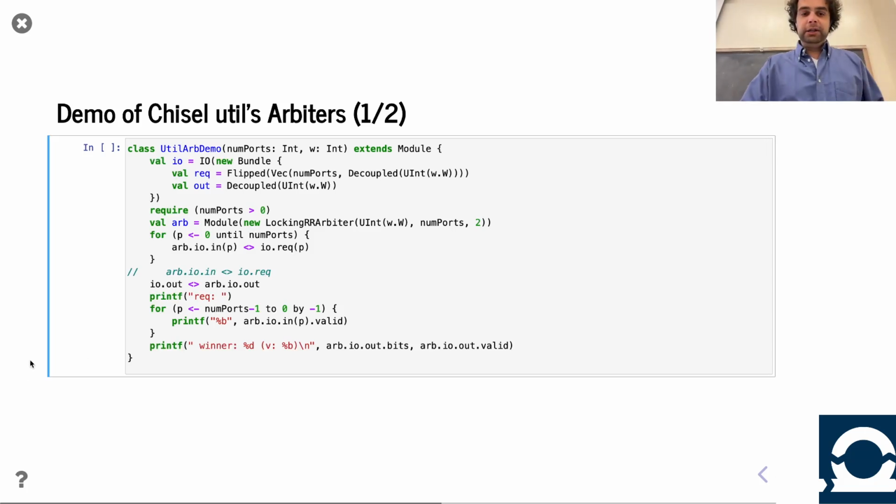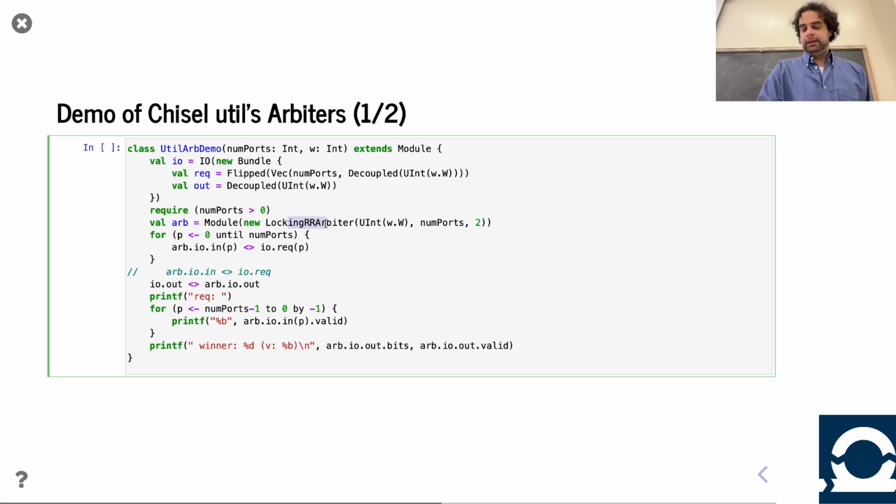This module mostly exists to wrap up the arbiter from Chisel. Right now it's the super spiffy locking round robin arbiter. We can try a few variants in a second. So what do we have? We have some number of inputs coming in, num ports. We have an output. We made all these Decoupled, and the reason, of course, is the arbiter itself has Decoupled ports.